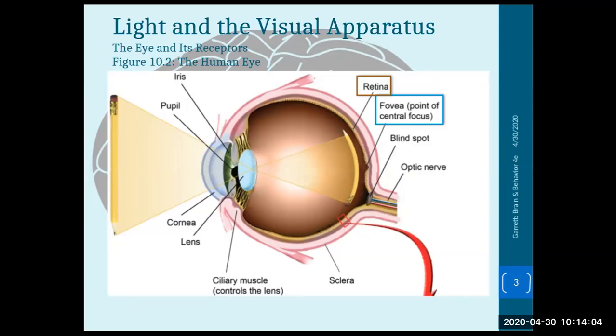A lot of times the lens can't focus itself even with the ciliary muscle due to many factors. And so you may have to reflect a different lens on top of that to compensate and make the picture clearer.